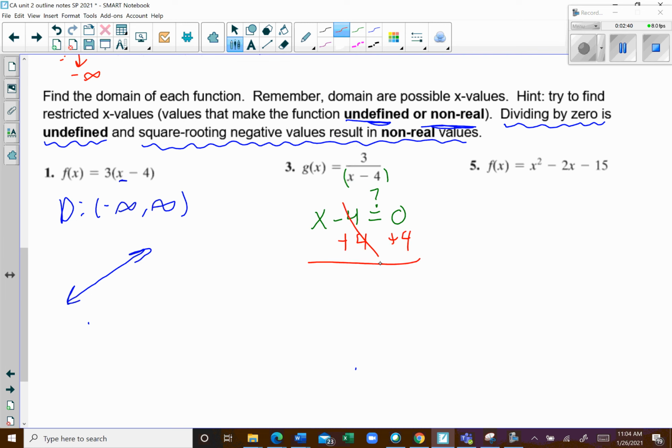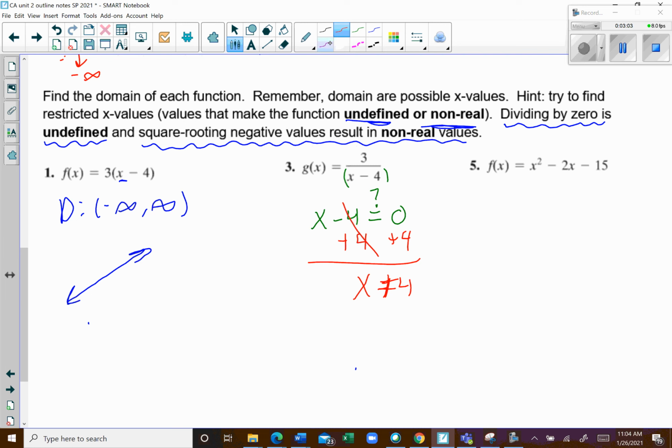So that value is actually going to be restricted. x cannot equal 4. That would be a problem. If you plug in 4, you get 3 divided by 0, which would be undefined.